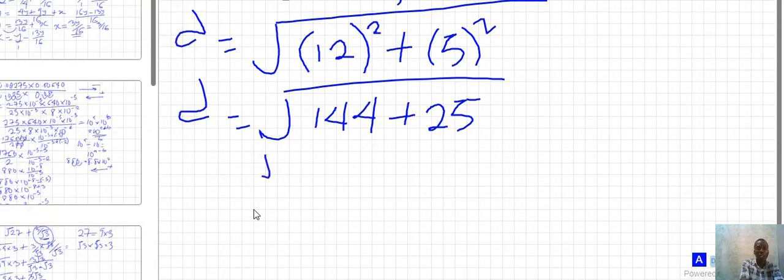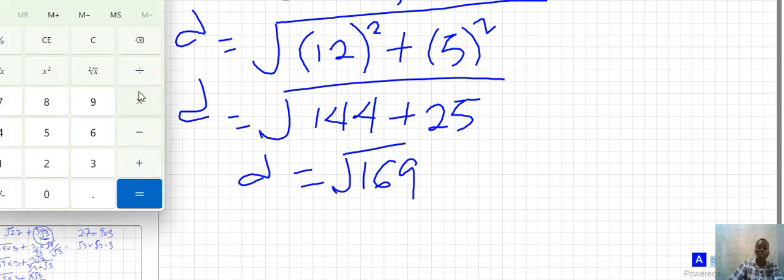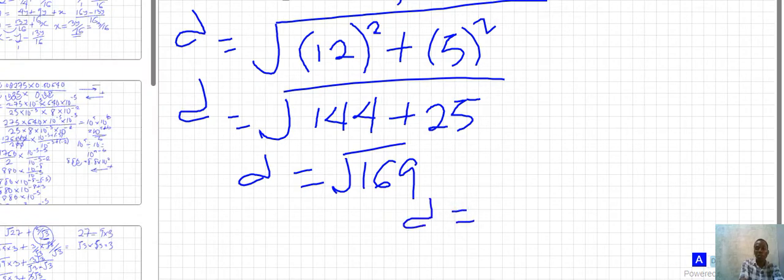So our D is equal to the square root of 169. The square root of 169 is going to give us 13. So D is equal to 13.